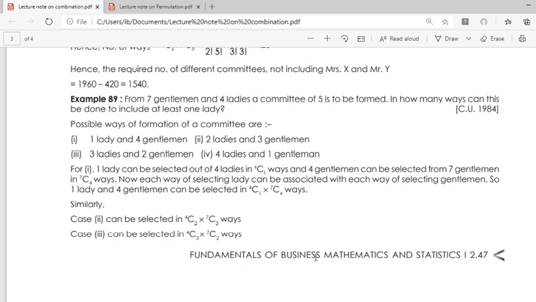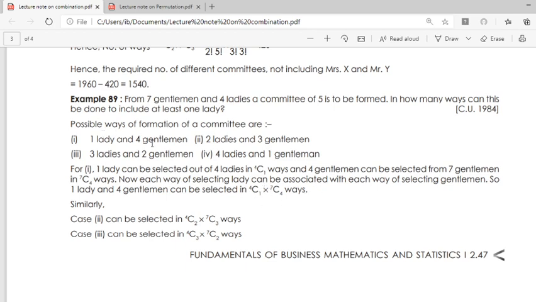Now, we will pick each of them. 1 lady can be selected from 4 ladies, that's 4 combination 1. 4 gentlemen can be selected from 7 gentlemen, you have 7 combination 4. That gives 4 combination 1 times 7 combination 4.